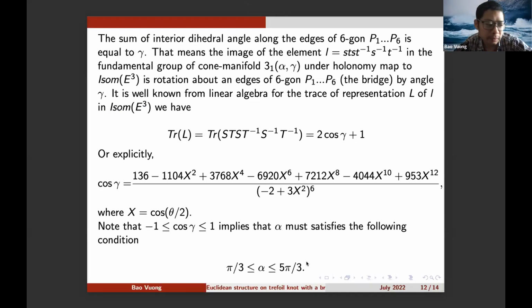This is a very ad hoc method to treat some particular knot, because it gives different cone manifolds with different underlying spaces and singular sets.